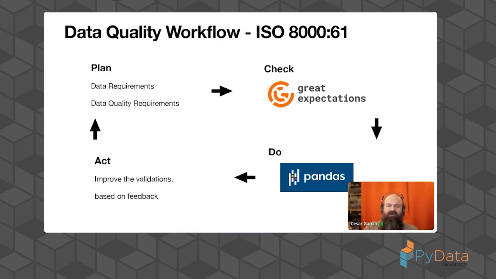And then we will improve the validation based on feedback. So, for example, if we detect that there is some problem with a particular column, we will fix the column. And if we find something that is still wrong or still broken, we will start the cycle again. We will redefine the requirements and then go ahead with the expectations.